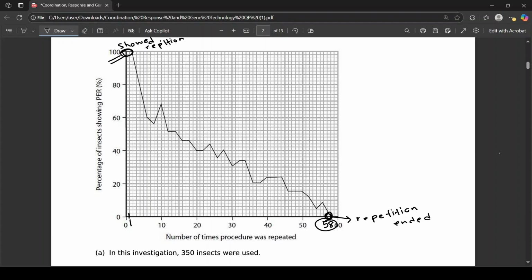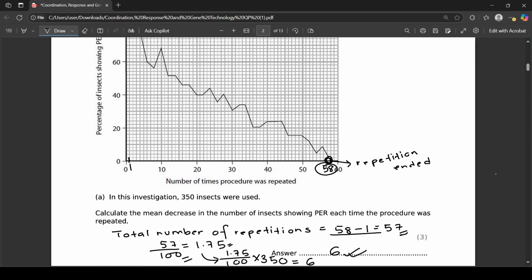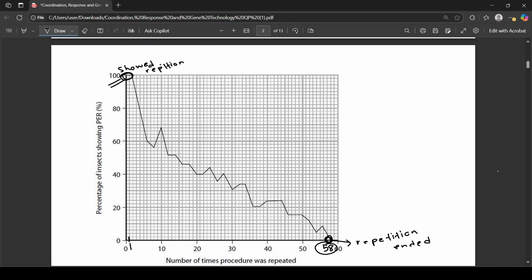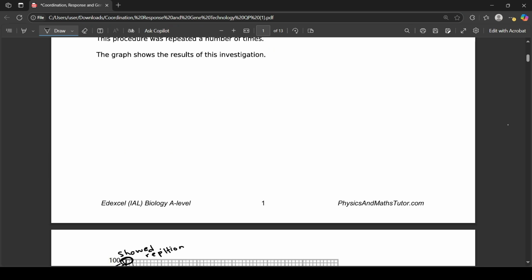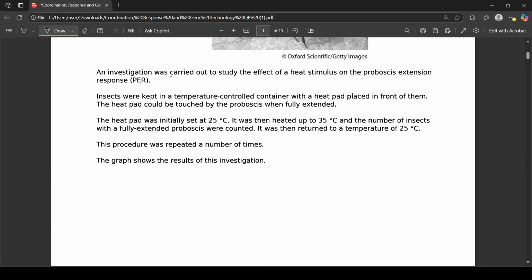What happened here is we have to write first of all what this investigation or experiment is about. So we get the idea from the question that it was about an investigation to carry out the study of the effect of a heat stimulus on the proboscis extension response.